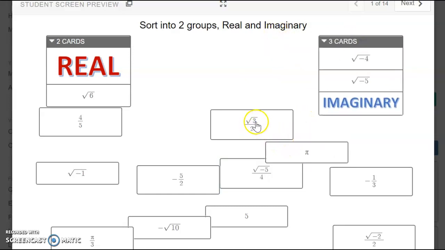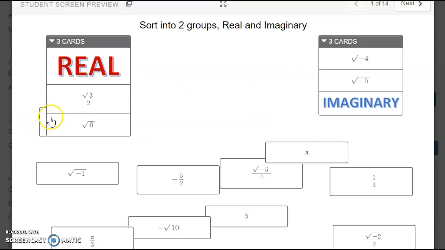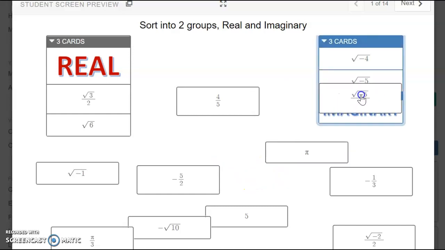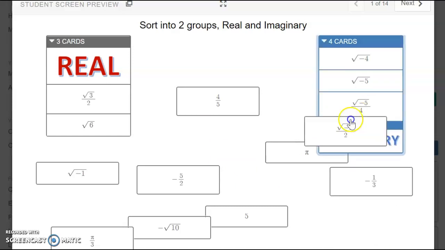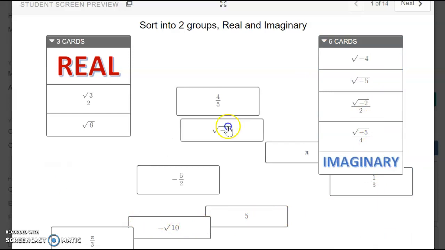Square root of 3 divided by 2 is real. Remember, the only thing that's going to be imaginary is if it ever involves square root of negative 1, or if it simplifies to have something that has square root of a negative number.